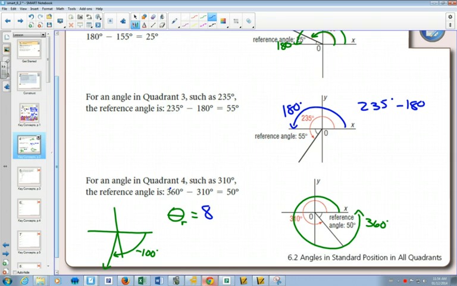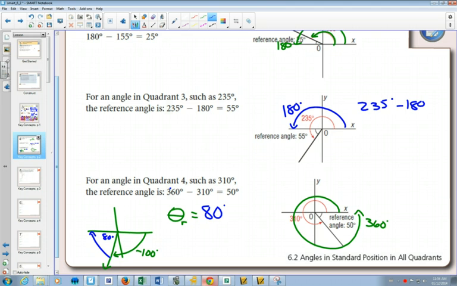Good. Because the nearest x-axis is here. I did this one on purpose because I wanted you to be tempted to say 10 degrees. Because it's only 10 degrees away from this 90, right? So you're like, oh, it's so close. But it would be 80 degrees and positive 80 degrees even though the angle is negative.